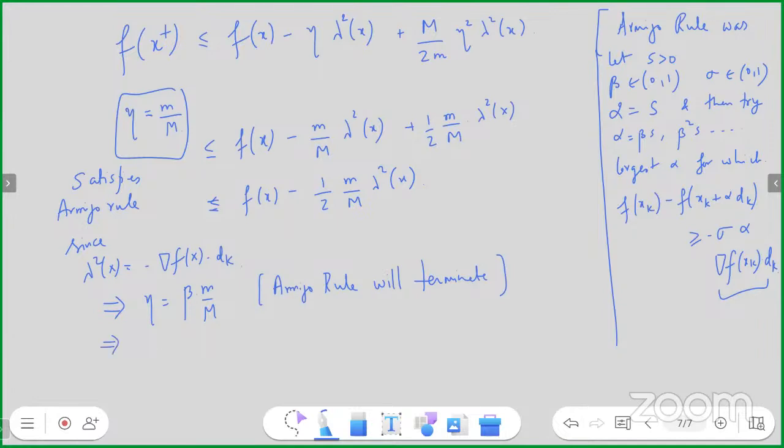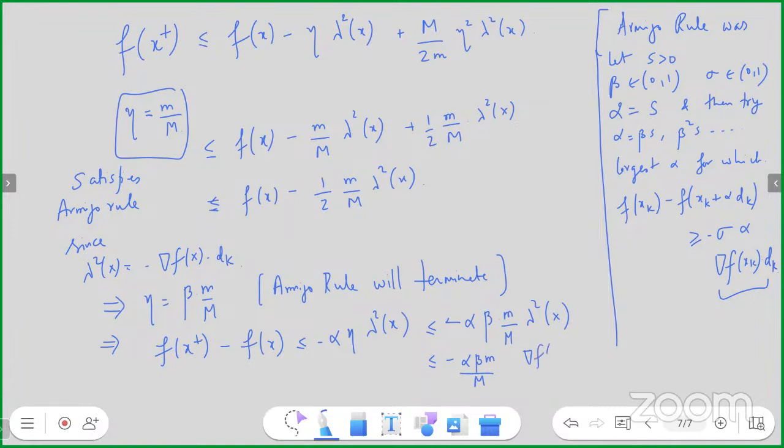So this implies that f of x plus minus f of x is less than or equal to minus alpha eta lambda square x, which is less than or equal to minus alpha beta m over M lambda square x, which is less than or equal to minus alpha beta m over M gradient of x over capital M. I'm just writing these things without thinking through.